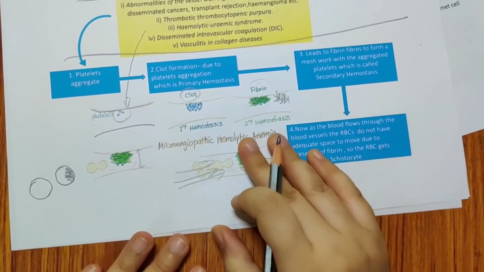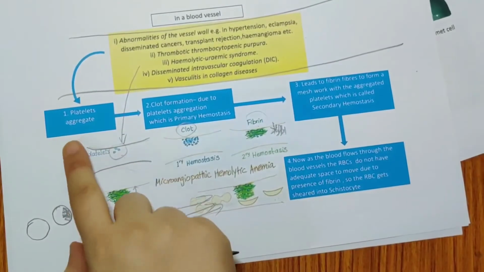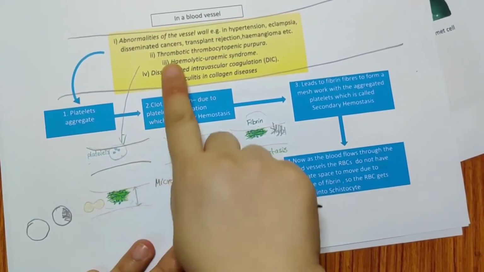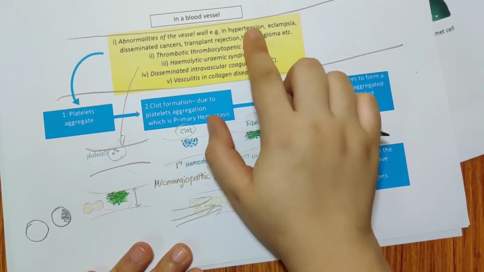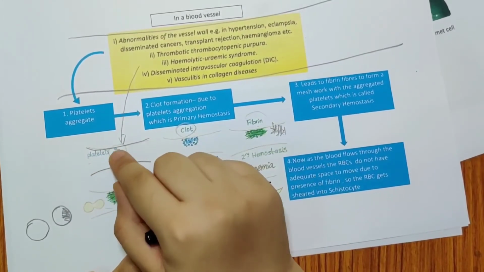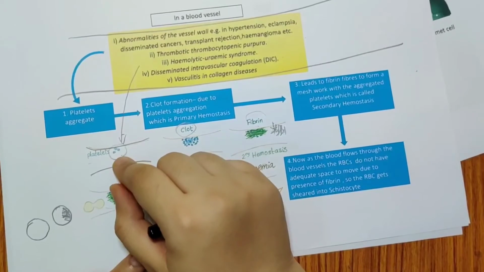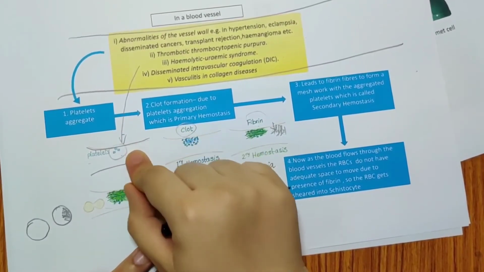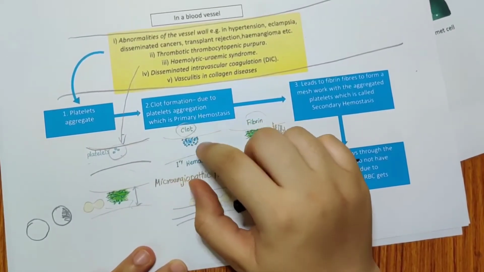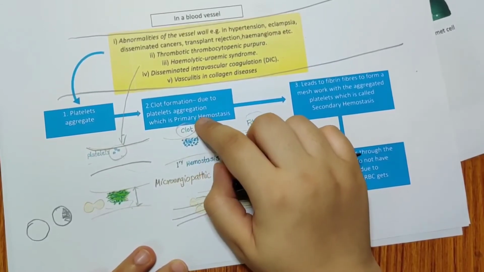Again, in a blood vessel, because of any of these conditions, platelets will start accumulating on the wall of the blood vessel. Multiple platelets adhere, which is known as a clot.